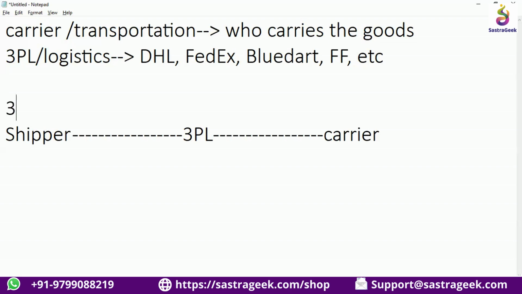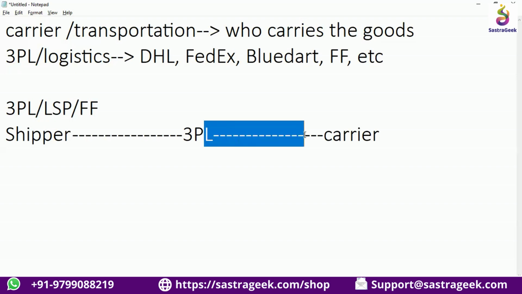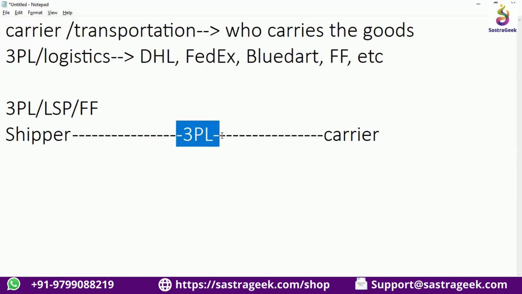So you have a 3PL, you call it third party logistics. You have LSP, which you call logistics service provider, or else you can call them freight forwarders, basically because these are the ones who are forwarding the freight to the relevant carrier, because they are not the ones who are actually transporting.